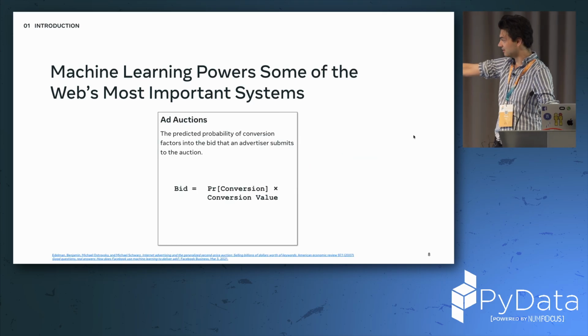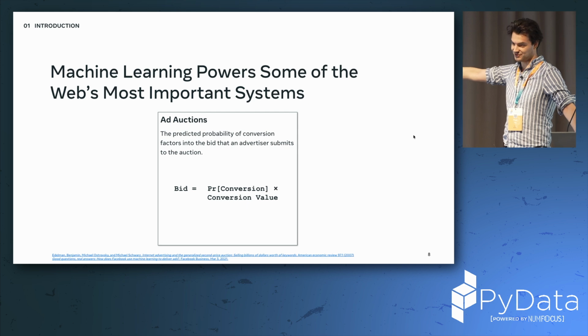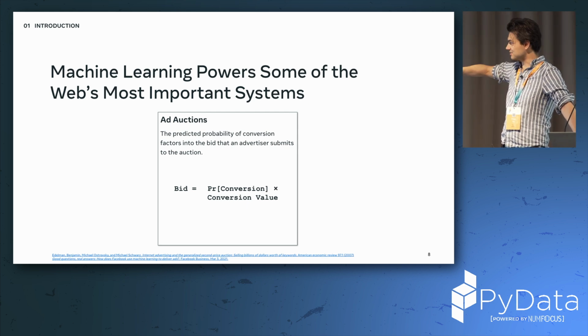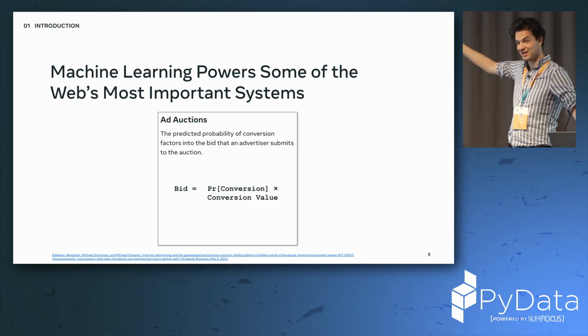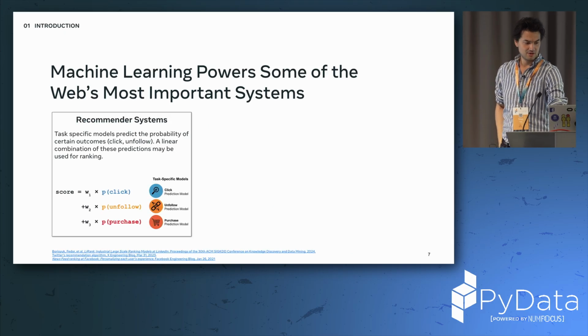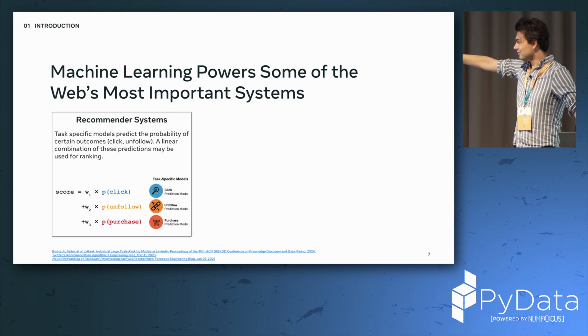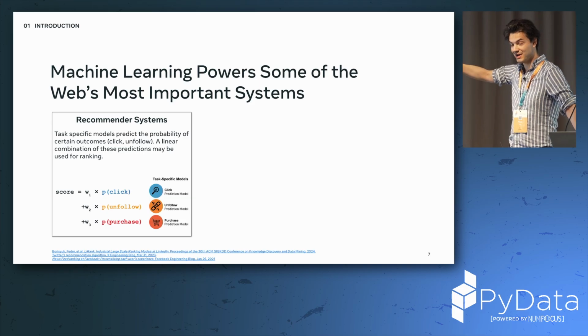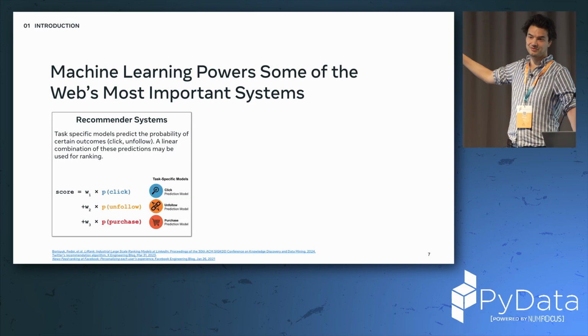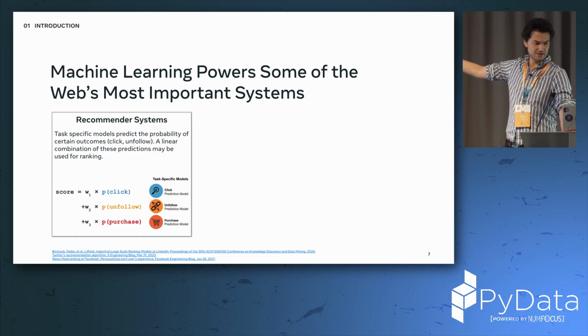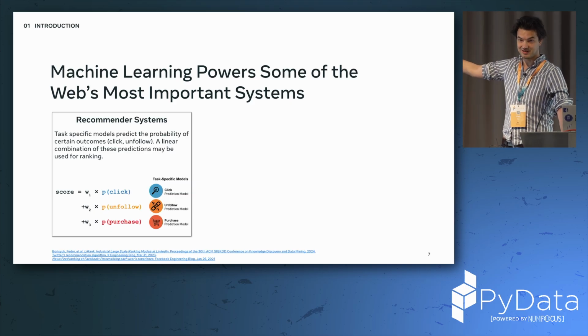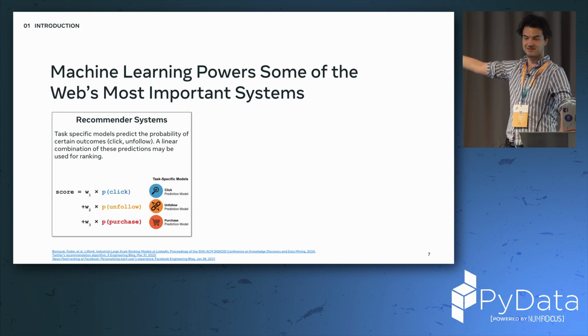In the ad auction, it was a little more complicated, because it's an application where you multiply the output of the machine learning model with something else, and then do some sorting based on that. And in the recommender system case, we had three different machine learning models, then some kind of weighting on top of that, and some sorting based on that. The distinguishing factor here is that what matters ultimately is the decisioning mechanism and the application, and the ML model is just a component of that. What we want to optimize is actually the application it is integrated in, rather than simply the machine learning model itself.